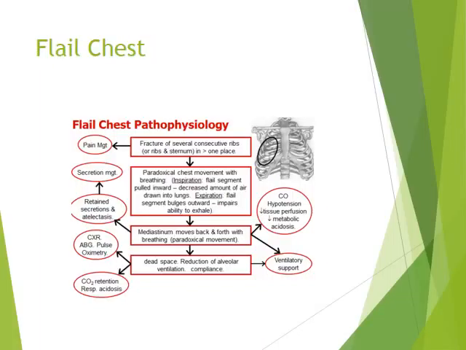So if we start with flail chest, we talked a little bit about rib injuries or rib fractures. The definition of flail chest, and I'm sure you remember this from pathology class, is fracture of several consecutive ribs in more than one place across that rib. So you can see that circled area there.